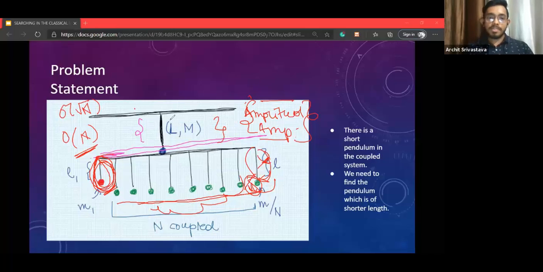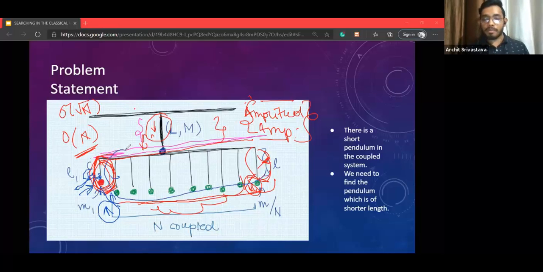The energy that is flowing down from the support pendulum to these coupled pendulums, the amplitude of this particular pendulum starts to increase, and then it becomes easier for us to find which pendulum is of our interest, which is the odd one out from this lot.